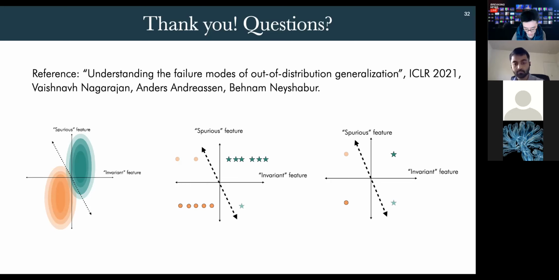Yeah, so our work was in fact inspired by some recent work on capturing these kinds of invariances. And there's also this invariant risk minimization paradigm, which people have proposed to solve this. But yeah, we haven't really thought about how to resolve these problems, how to fix this problem. It's ongoing work.